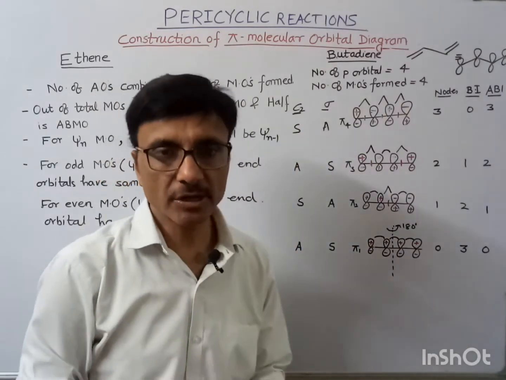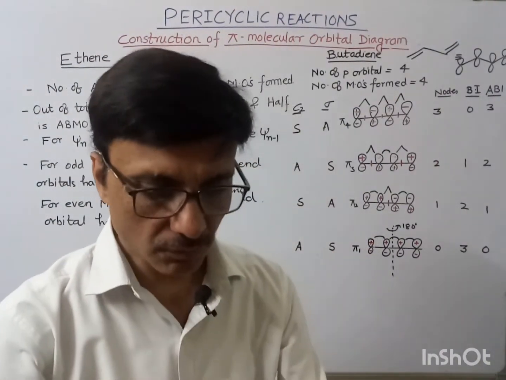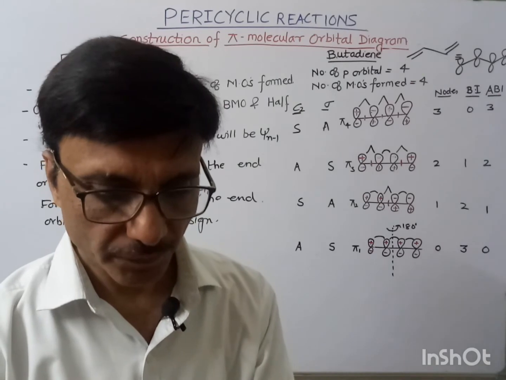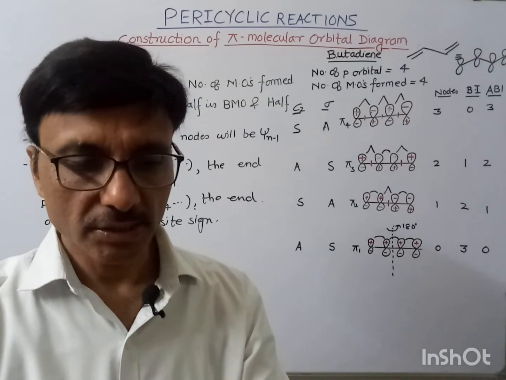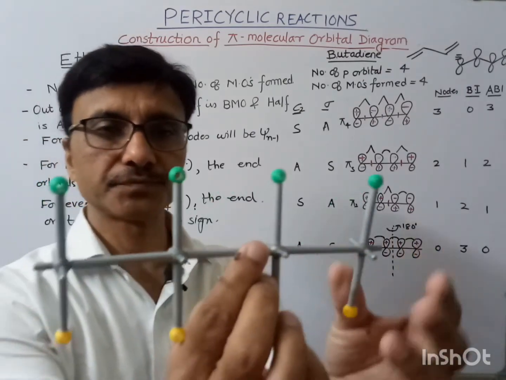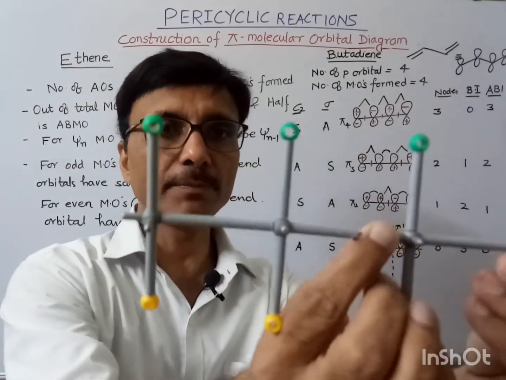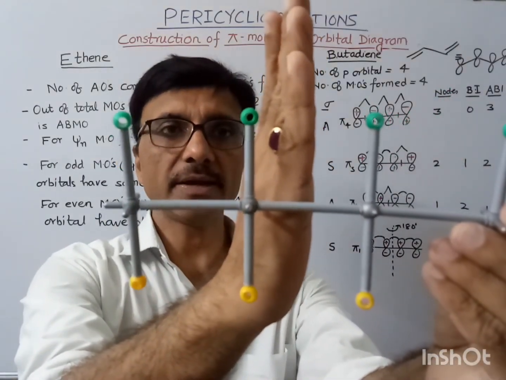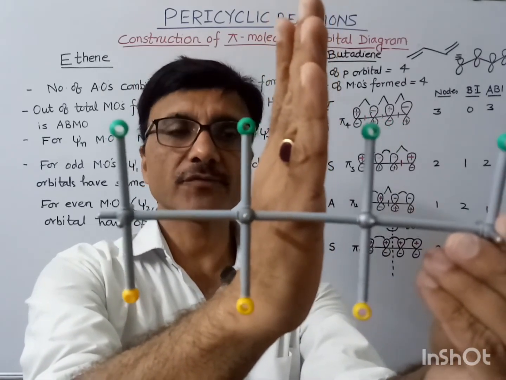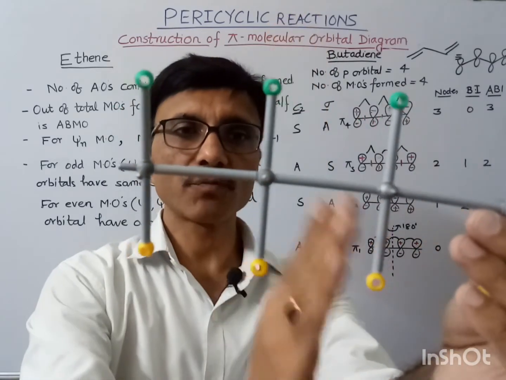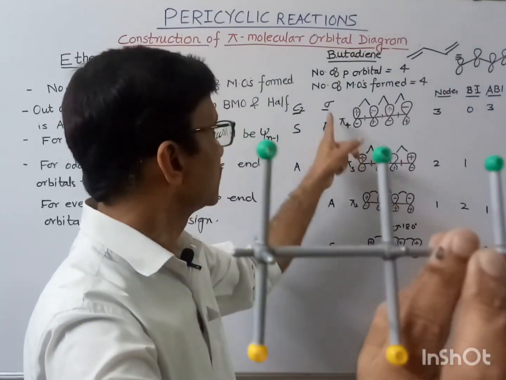Let me explain with the help of this model. This is pi 1, and if you pass the mirror plane like this, in front of green, that is plus, all plus are there, and in front of minus, all minus are there. Now this is about sigma.